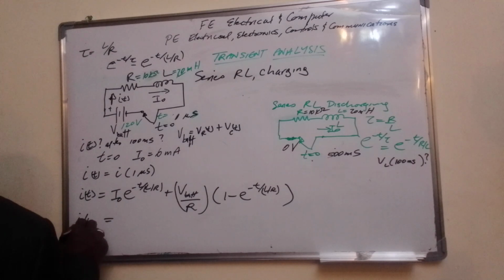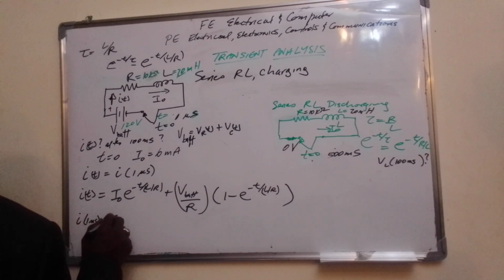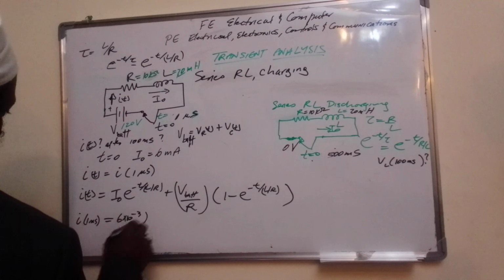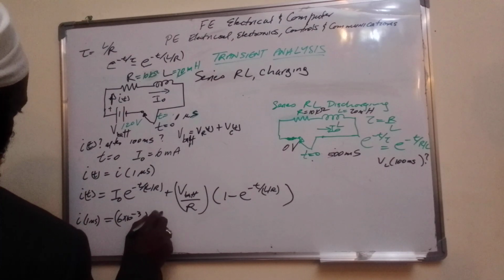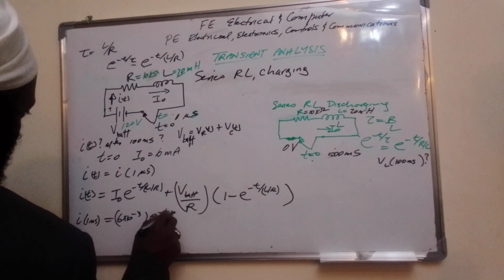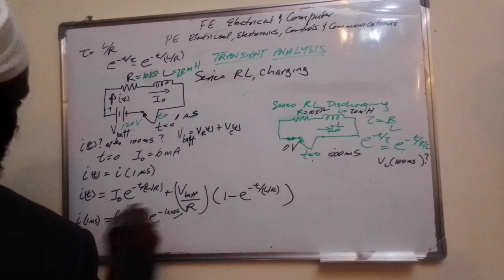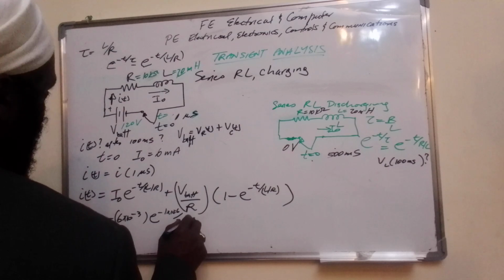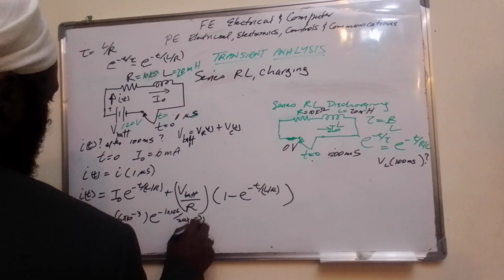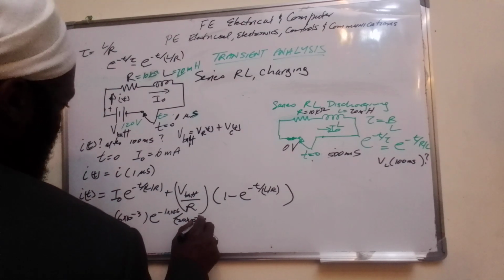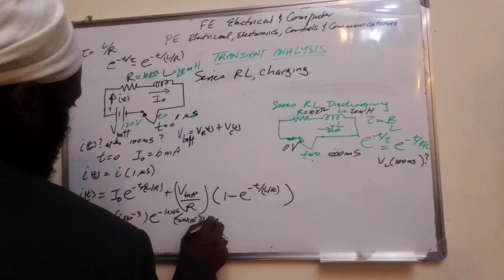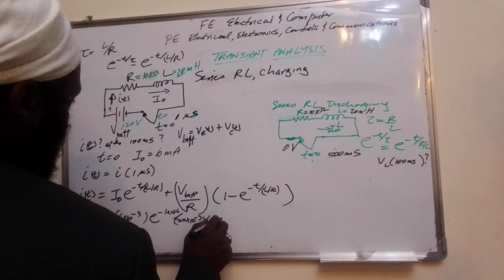So I at 1 microsecond is equal to I naught, which is 6 milliamps, which is 6 times 10 to the minus 3, times e to the minus t, 1 times 10 to the minus 6, divided by L. L is 20 times 10 to the minus 3 henries, divided by R, which is 10k, which is 10 times 10 to the third.